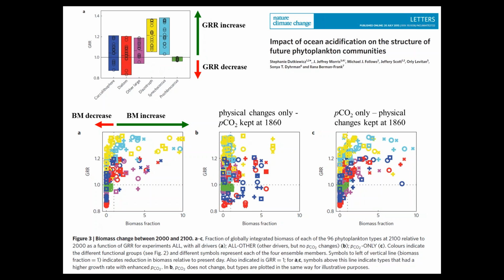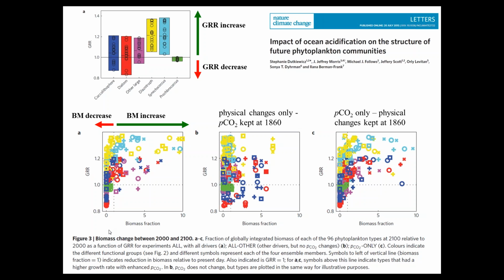On the very left here is the model run with all of the different drivers, which includes physical change as well as CO2. This one includes only physical changes and CO2 is kept constant, and this one turns it around, with PCO2 being changed according to those 2100 scenarios and the physics not changing. When I say physics, what they used was temperature, circulation, and sea ice.